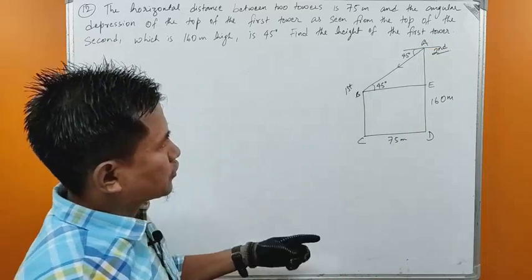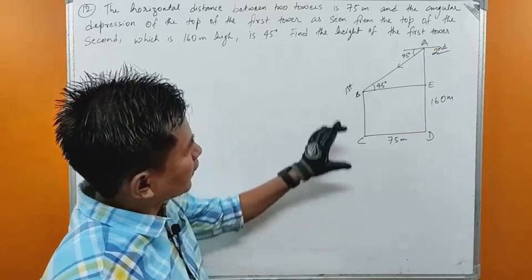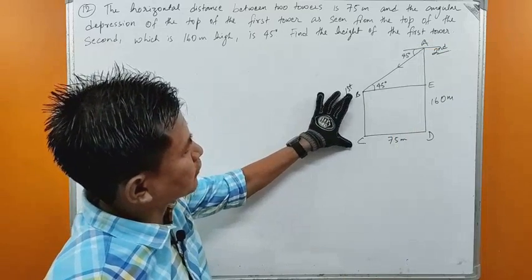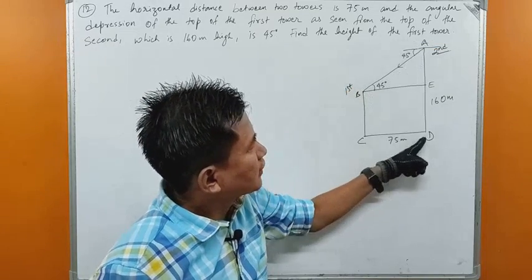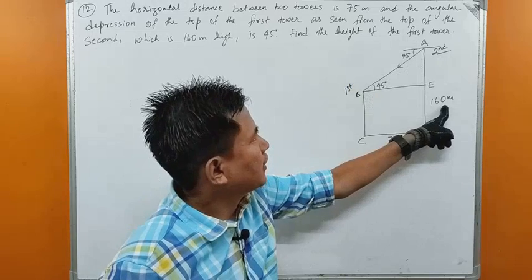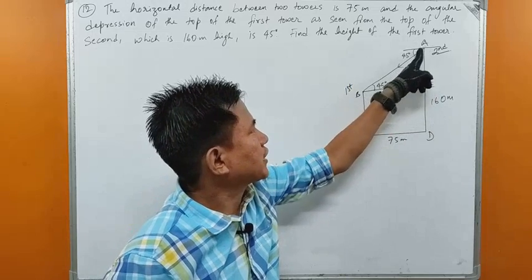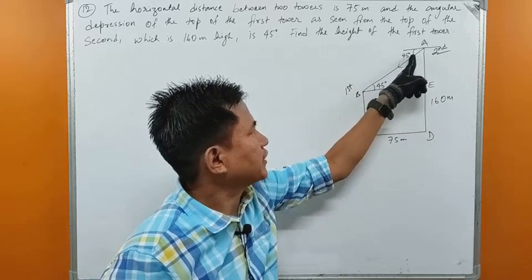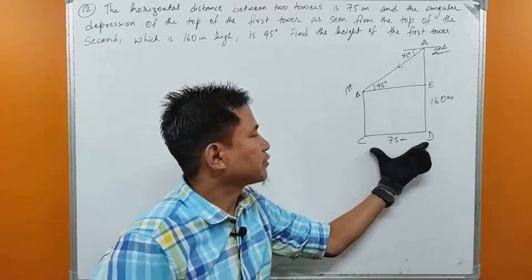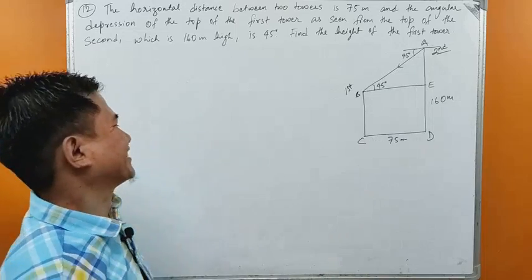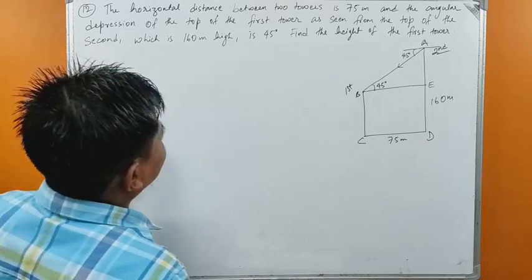We are asked to find BC. BC is the height of the first tower. AD is the height of the second tower, which is 160 meters, and the angle of depression from the second tower to the first tower is 45 degrees. We are asked to find BC, and the distance between the two towers is 75 meters.